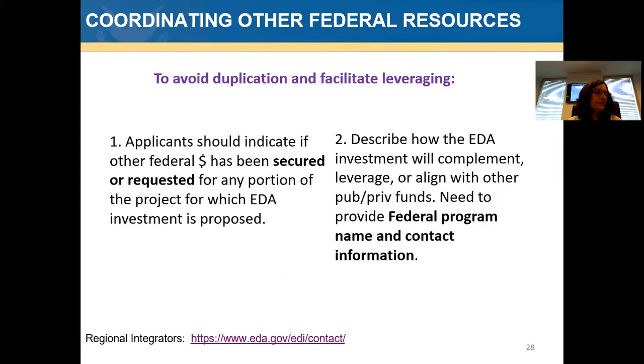So they may be aware of the money coming down from USDA or NOAA or HUD and can bring that conversation into an application process. So don't hesitate to reach out to your EDRs.